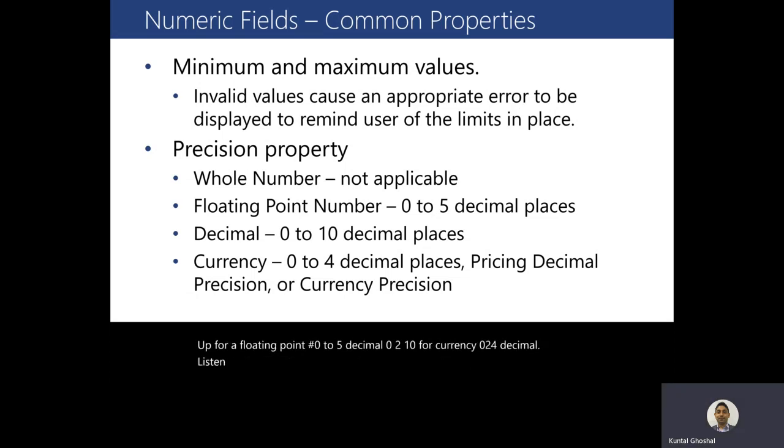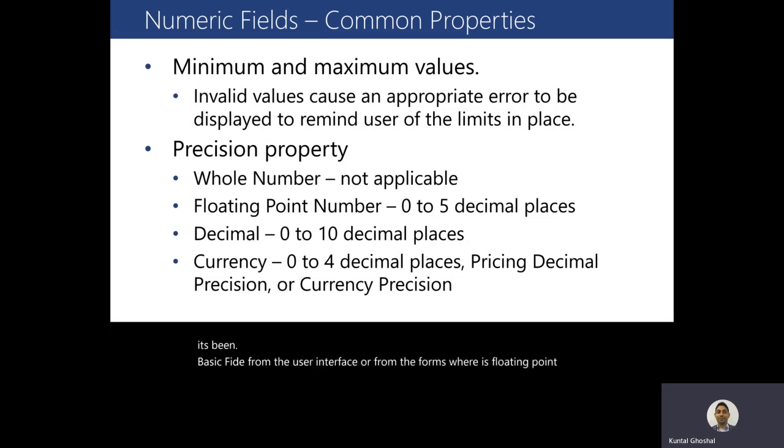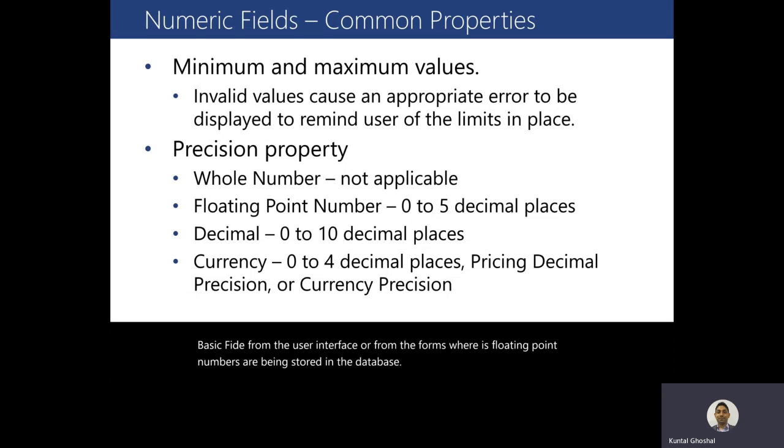Now, talking about numeric, there is a very interesting concept: when to choose a decimal or when to choose a floating point number. Decimal numbers are stored in the database exactly as they've been specified from the user interface or from the forms, whereas floating point numbers are stored in the database as an extremely close approximation of the value.